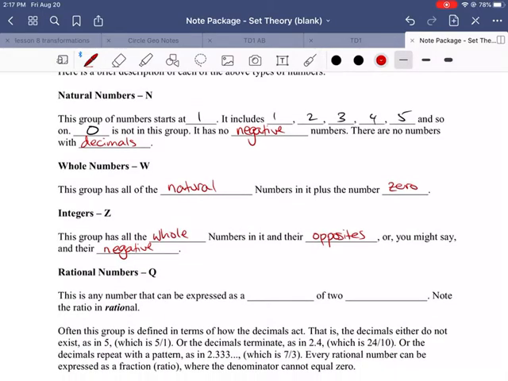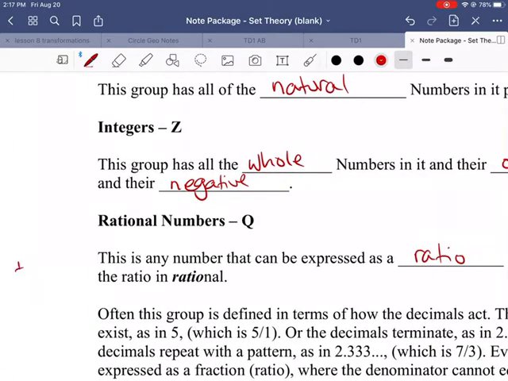Now, rational numbers, this is anything that can be expressed as a ratio of two integers. All right, so it's basically anything that can be written as a fraction. So things like half or negative 2 over 7. So you're going to get some decimal stuff. The important thing about this is that the decimals are going to end. All right, 1/2 is 0.5.